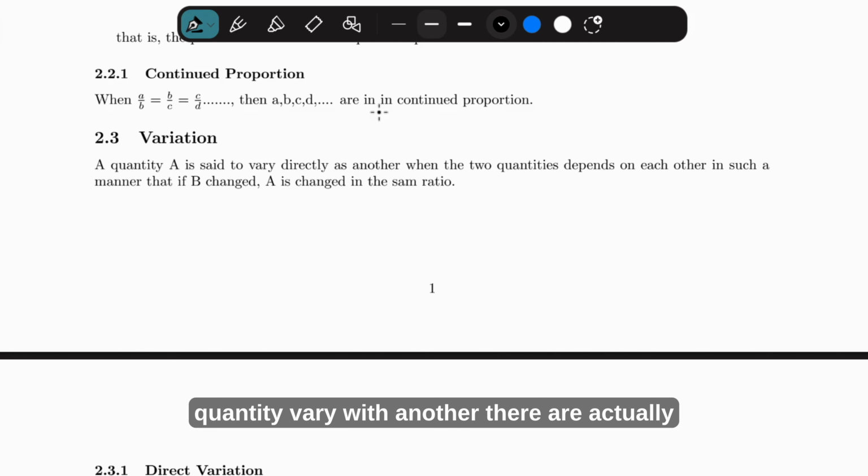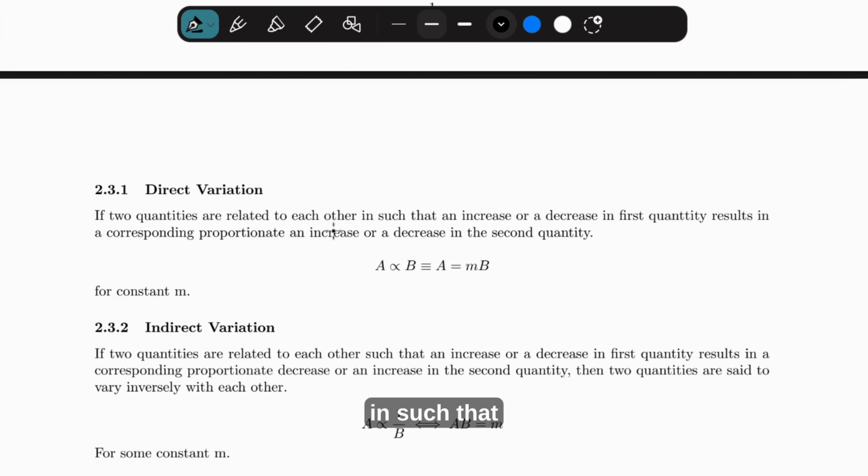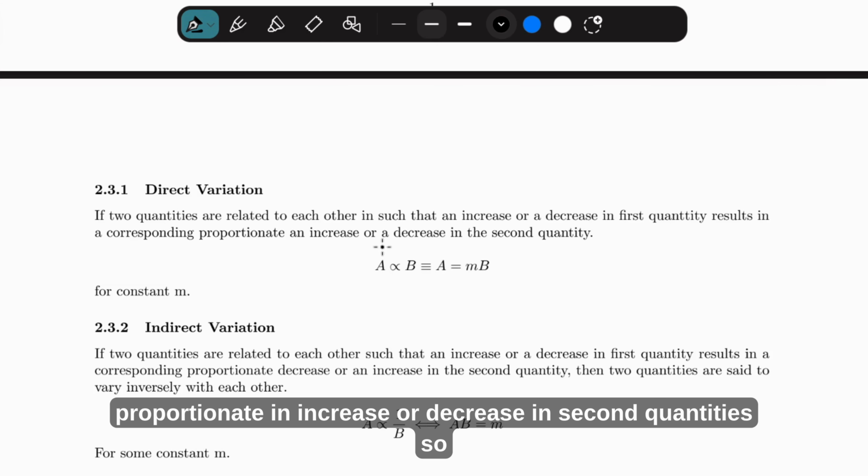There are two types of variation. The first is direct variation. If two quantities are related such that an increase or decrease in the first quantity results in a corresponding proportionate increase or decrease in the second quantity.